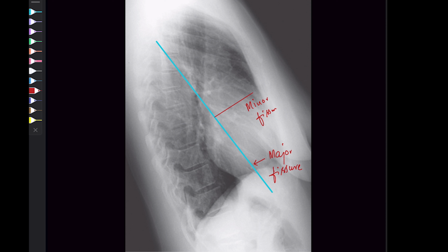And this technical artifact can mimic a case of left lower lobe pneumonia or left pleural effusion. The second point, if the pulmonary markings are very prominent, then we can mistake it for a case of congestive heart failure. That's why it's always said when you are commenting on any X-ray, you should be very careful with the clinical findings and you need to always correlate.